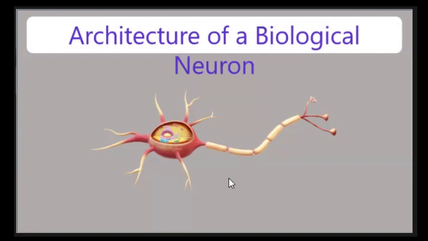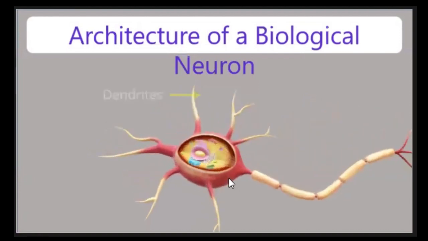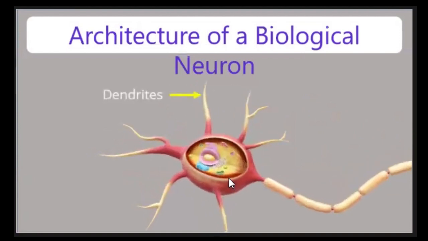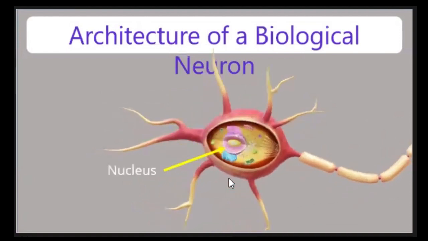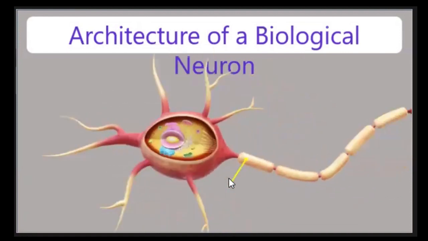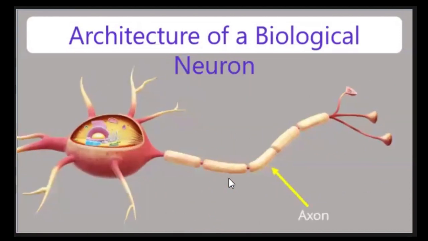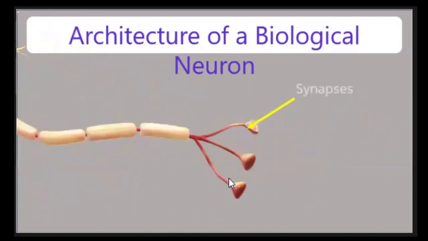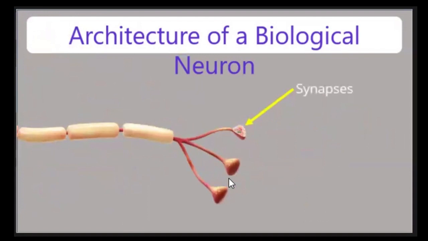This part is known as the nucleus. So there are small parts over here. These parts are known as dendrites. These are the dendrites of the human brain, and this is the nucleus. And this one is an axon, and these are synapses, right?